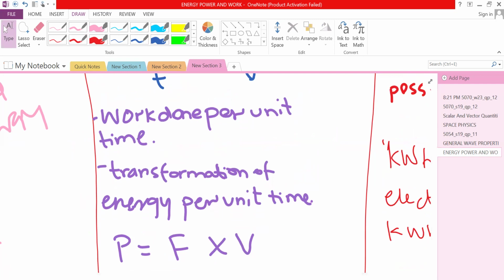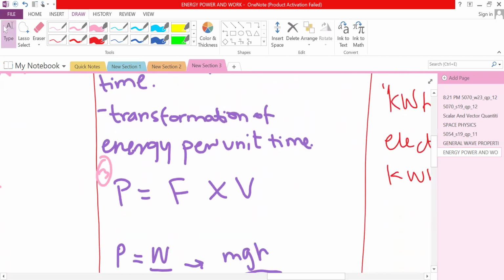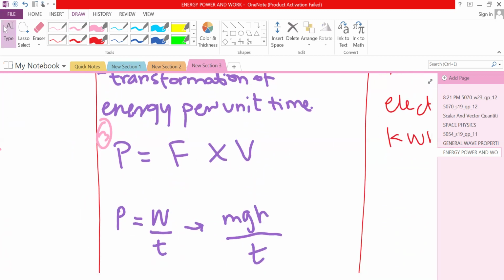Here is another formula for power. This is formula number 3: P equals force into v. You don't need to know from where this formula is derived, but you need to remember this formula because questions can come that you have to solve using it. Then P equals W divided by t, which is formula number 1 that I told you above.